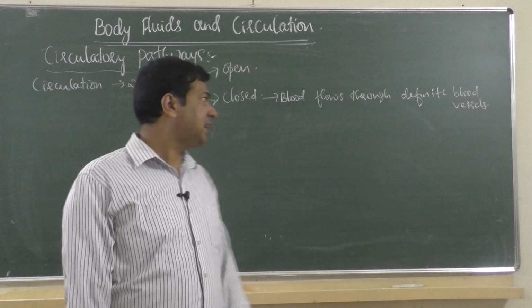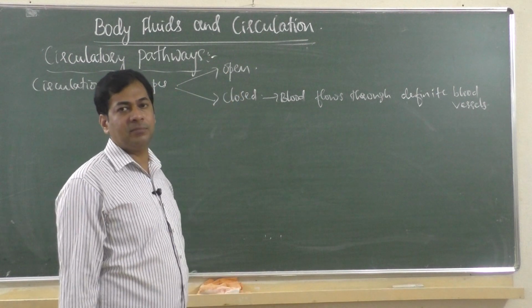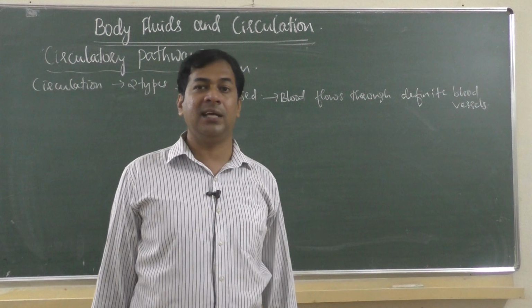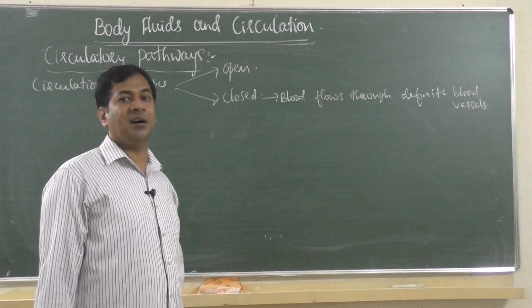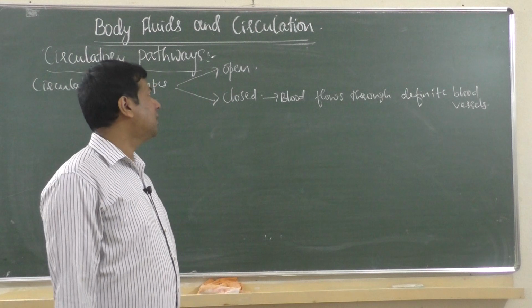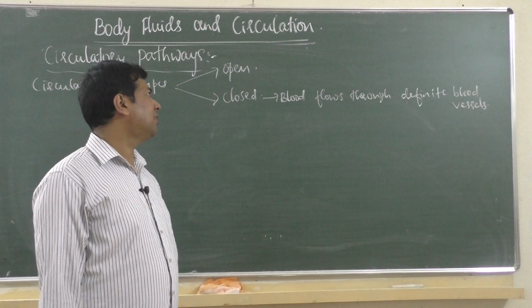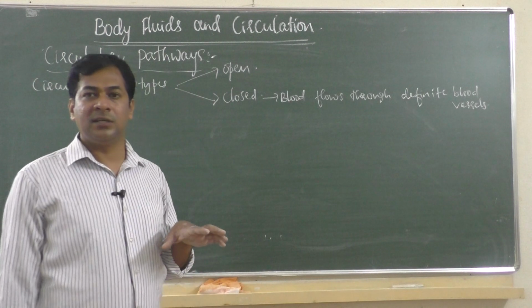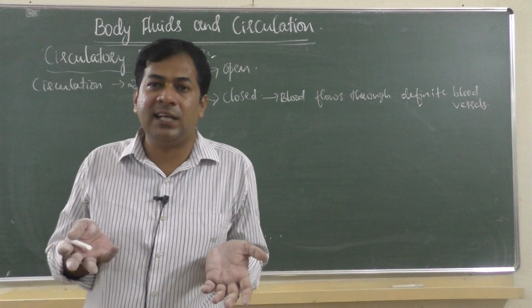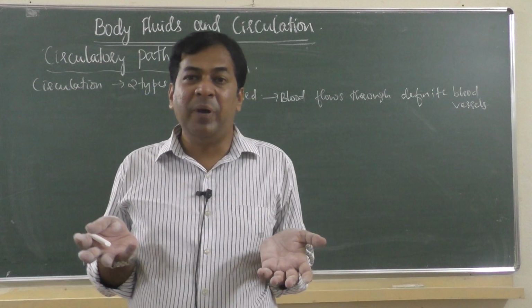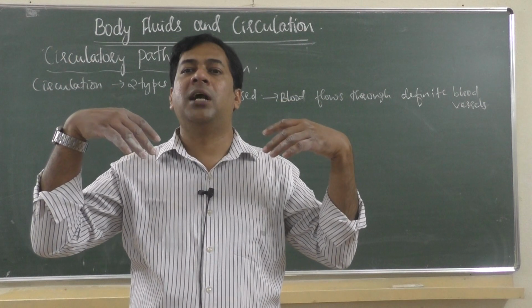But in the case of an open circulatory system, like what is there in mollusca, arthropoda, like in a cockroach, the heart pumps blood but there are no blood vessels. All the cells will be bathed by blood pumped by the heart.